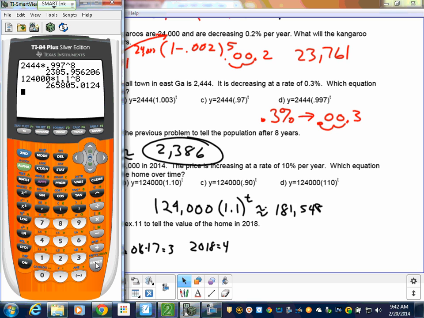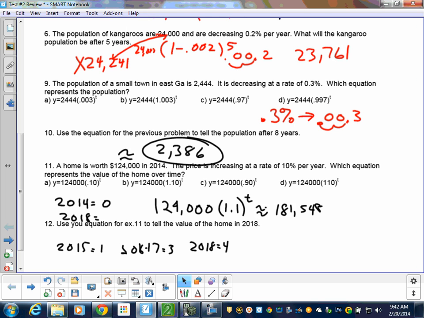No, I thought it was 4. Guys, it's year 4. Use your expression to tell. Don't put in 2018. Put in 4.